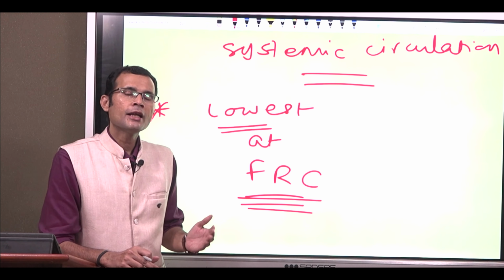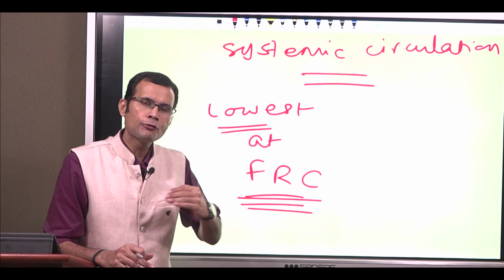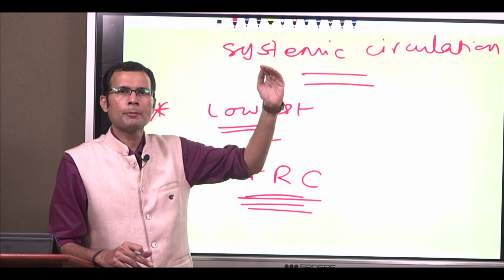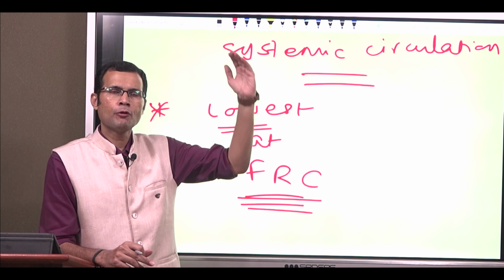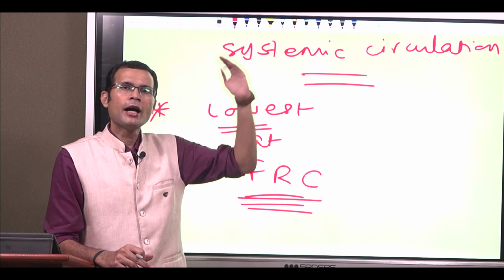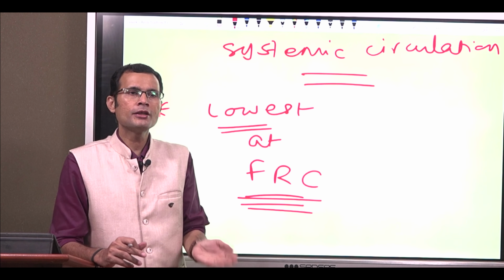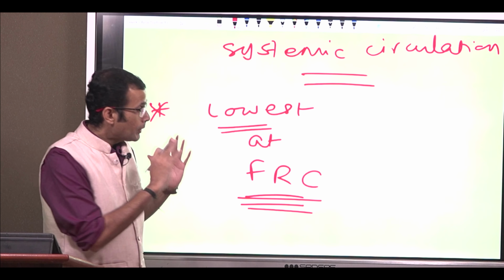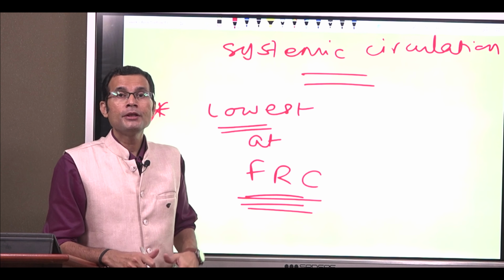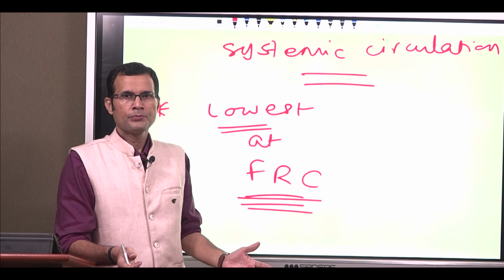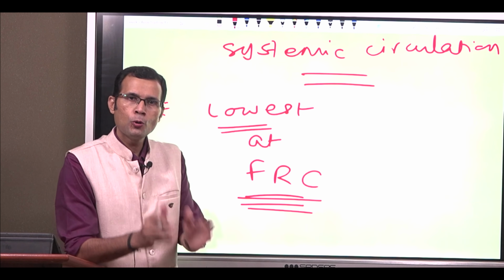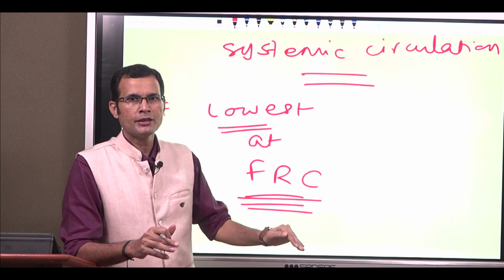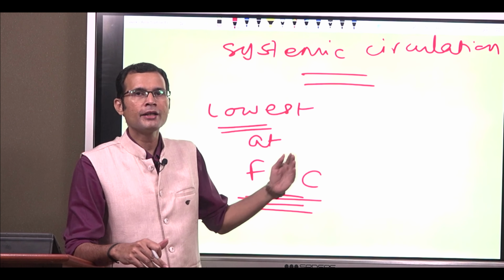Or on the other hand, if the person takes a maximum forceful inspiration, the lungs will reach total lung capacity, the highest volumes. So near the higher volumes or near the lower volumes, that is near residual volume, the pulmonary vascular resistance will be higher, and it is lowest when the lungs are at functional residual capacity, that is at the end of quiet expiration.